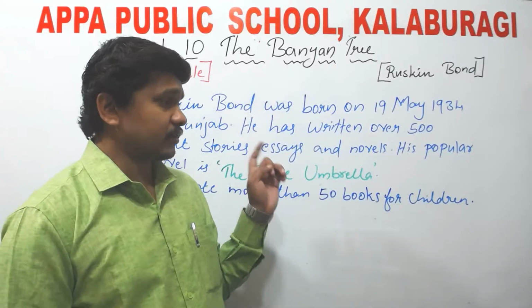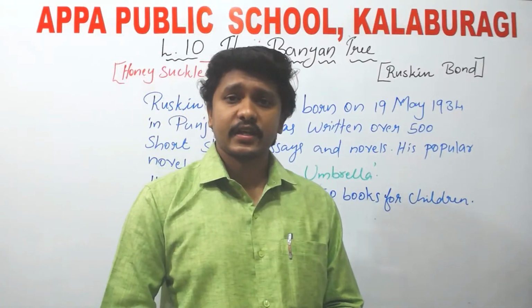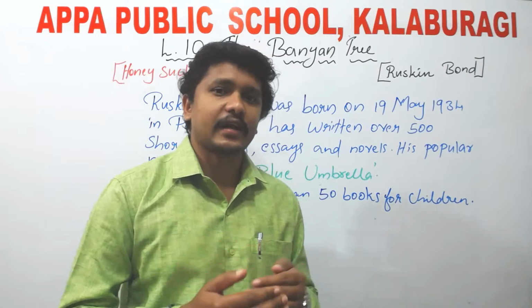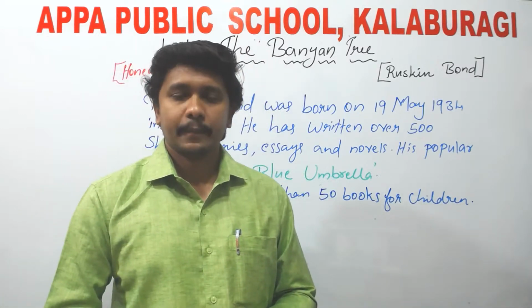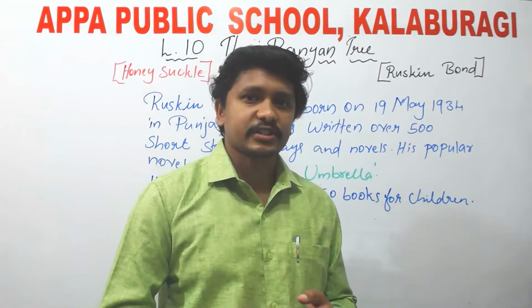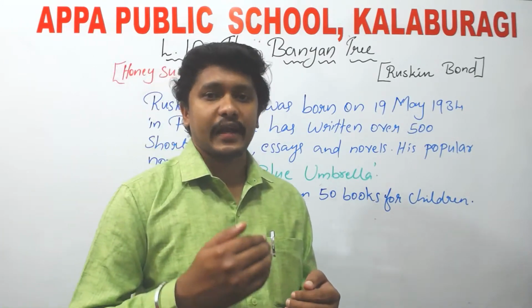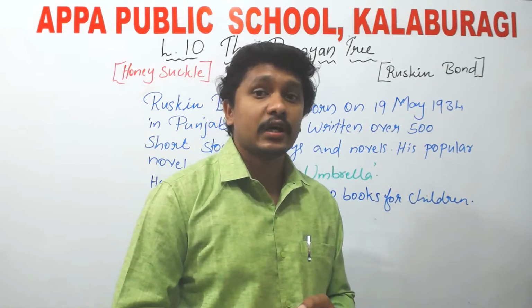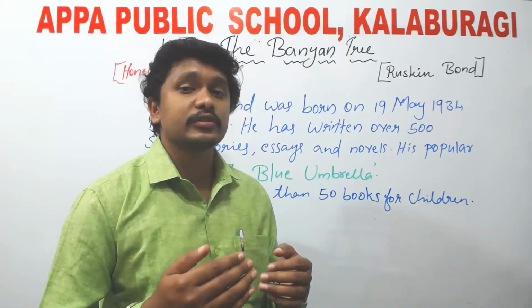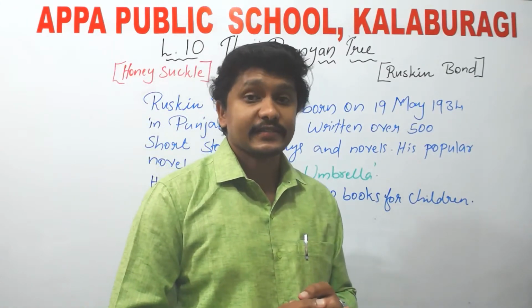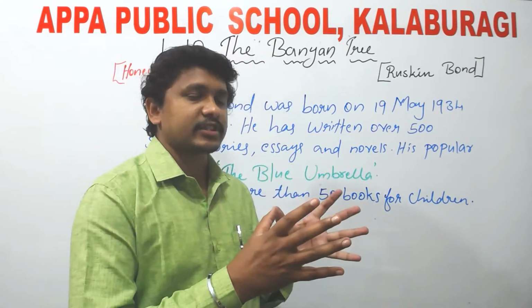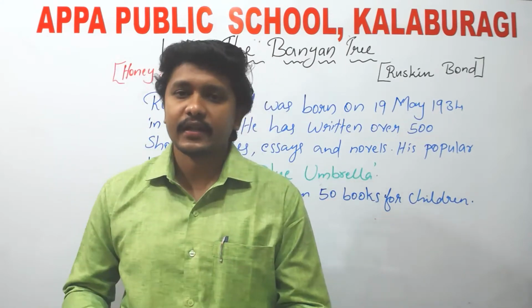When we study this 10th lesson from the Honeysuckle textbook, there is a little connection with the 9th lesson, because the main attraction in that chapter is the mongoose and the snake. You have learned in the 9th lesson that a mongoose can fight with snakes and kill. So that attraction is coming in the 10th lesson.